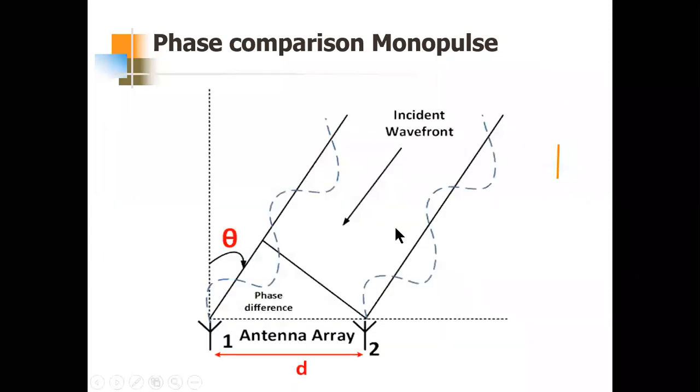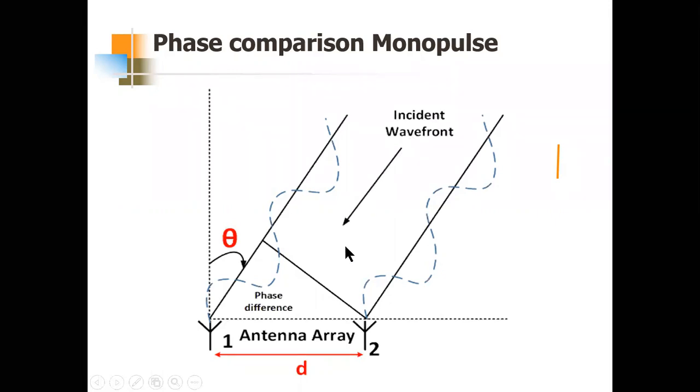Consider this figure. These are the two antennas, and the distance between them is d, so the spacing is d. The signal is arriving from a direction theta with respect to the normal to the baseline. This is the baseline, and this is the angle theta which the target axis makes with respect to the normal to the baseline.